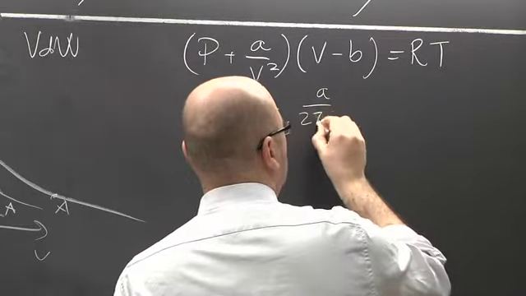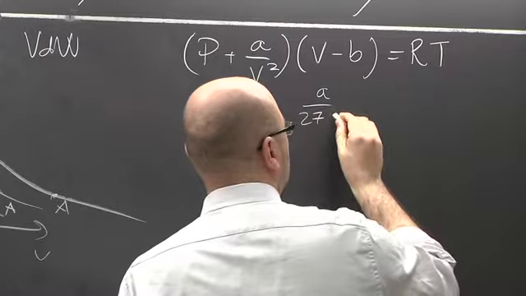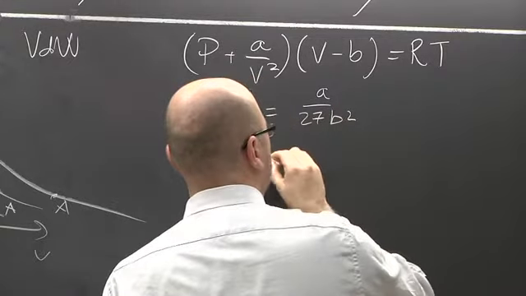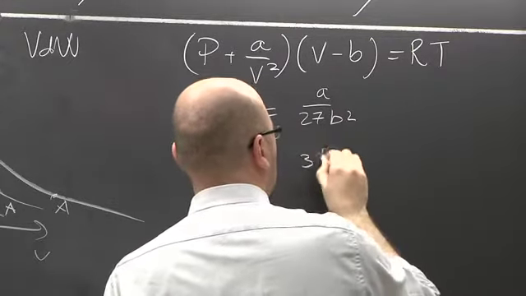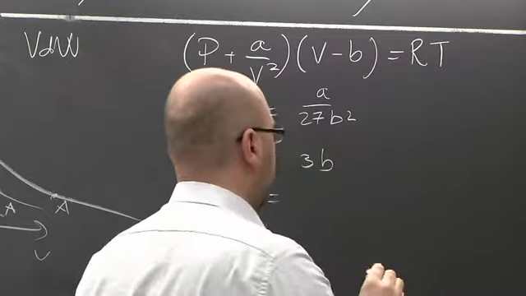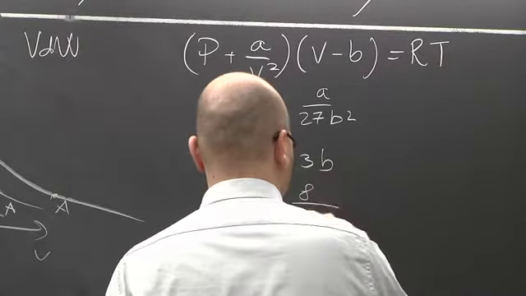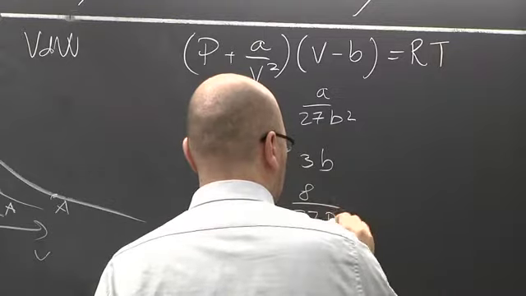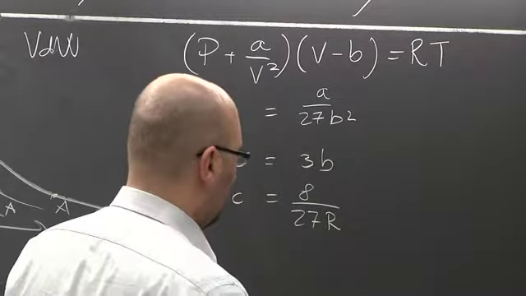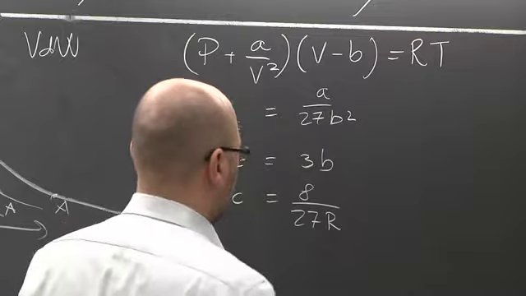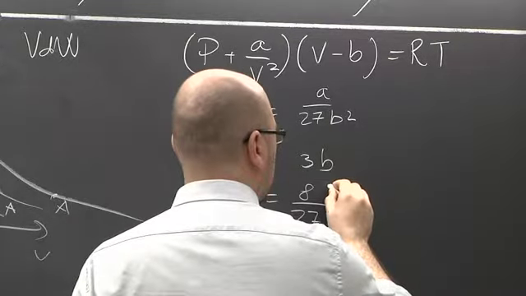A divided by 27 B squared. VC is 3B. And TC is? 27R times something? Times B?